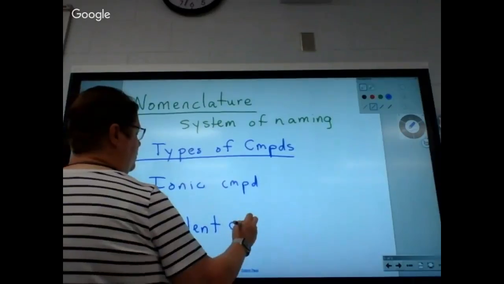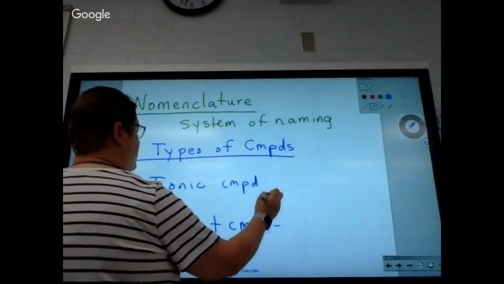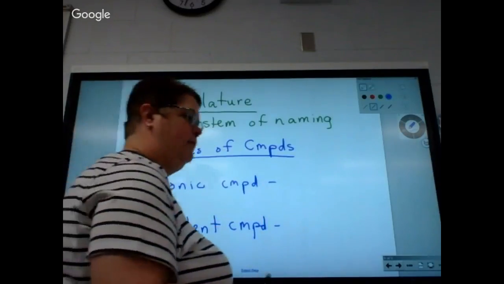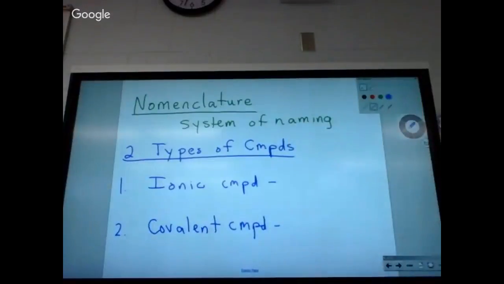Most of you will prefer ionic compounds until I teach you covalent compounds, and then you'll be like, oh yeah, I like that system as well. Those prefixes are pretty cool on covalent. However, you can only use those prefixes on covalent.